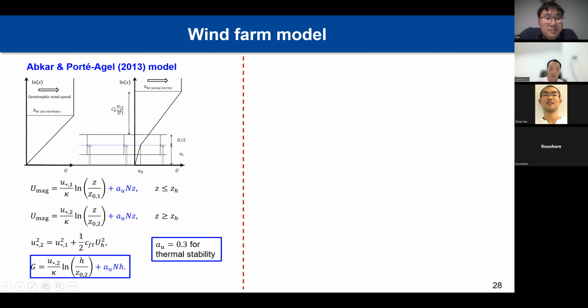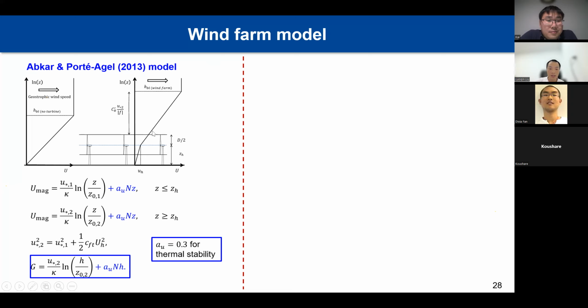So the authors use a correction term plus AU there to account for the thermal stability contribution. They also assume that this corrected log law is valid up to the top of the boundary layer. So here is another condition. With this, and also with these equations, we can get the half height velocity and also the power output.